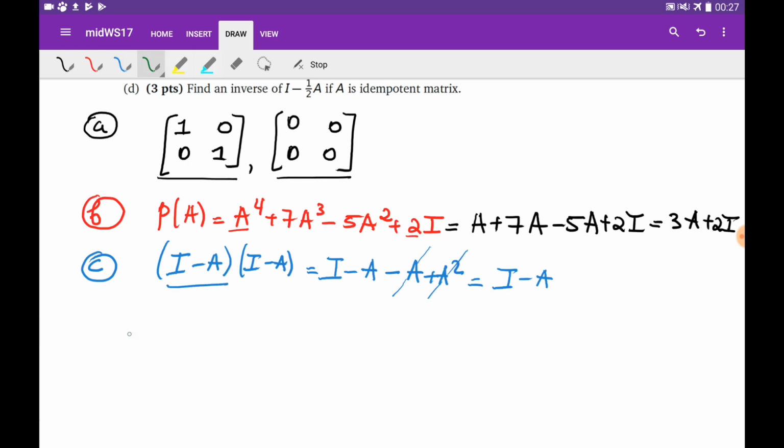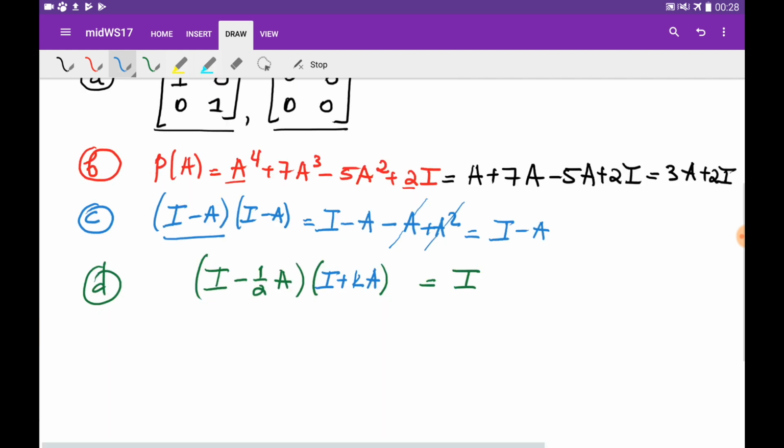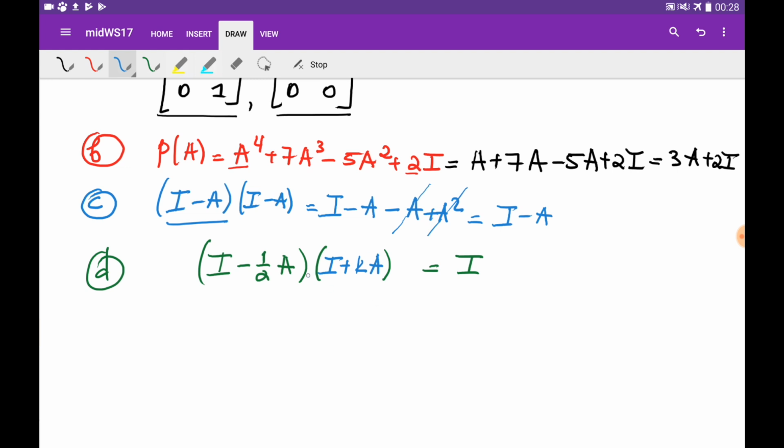In the last part, we need to find the inverse of I minus 1 over 2 A, right? So I need to guess some matrix so that the multiplication should be equal to I. Let's assume that this matrix should be in the form of I plus some constant k multiplied by A. I'm interested in finding this constant. So I just guessed that the inverse of this matrix should be in this form.